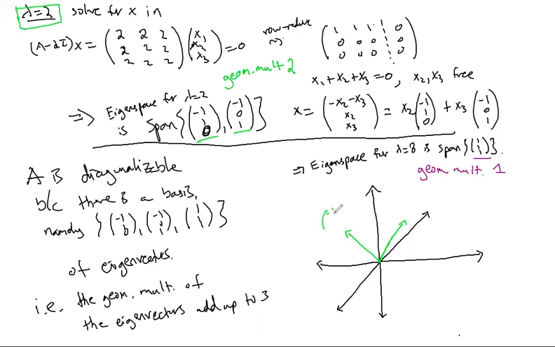Here's -1, 0, 1. Here's -1, 1, 0. And then our last one is 1, 1, 1. Right, so, not drawn to scale. So these three form a basis for R3, and so A is diagonalizable because these are now our new coordinate systems.